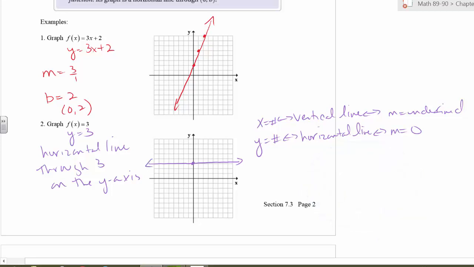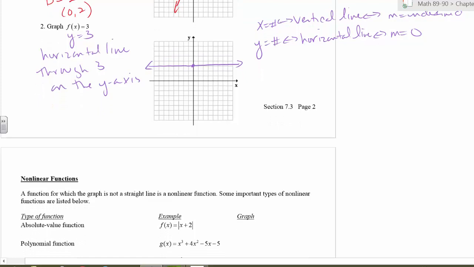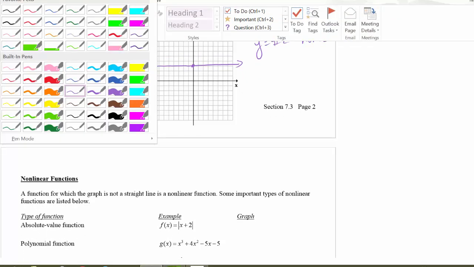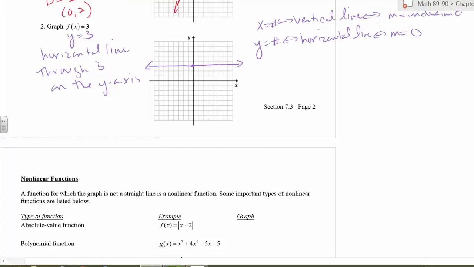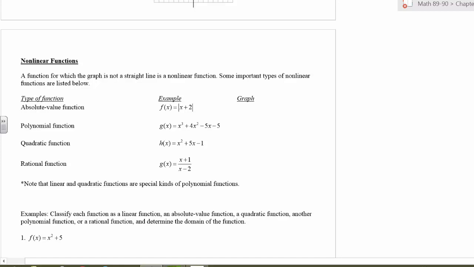Okay, great job. Let's move on. Let's talk about other types of functions, mainly nonlinear functions. We have a couple that we're going to study in this class, and if you move on to pre-calculus, you'll get even more in depth.